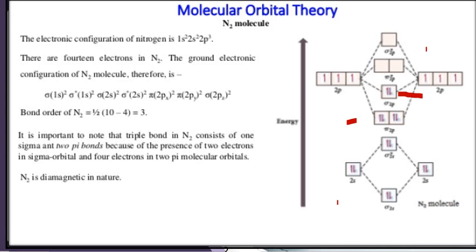You can see each nitrogen atom, when it is using its 2s, is completely filled. So the first diagram will be similar to that of the B2 2s diagram.